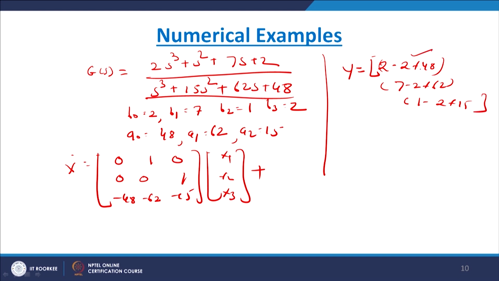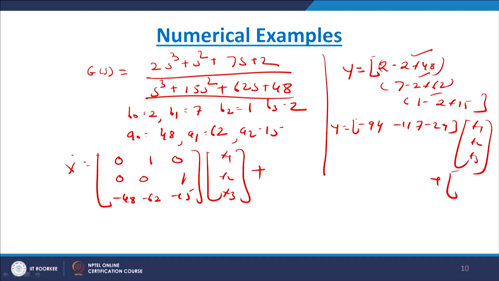So first, second, third, we get minus 94, minus 117, minus 29, and here this is x1 x2 x3, plus b3 is 2, so 2 into u, and here we write 0 0 0 1.